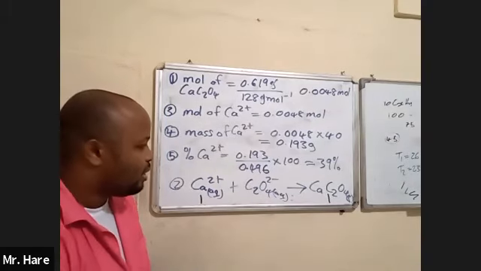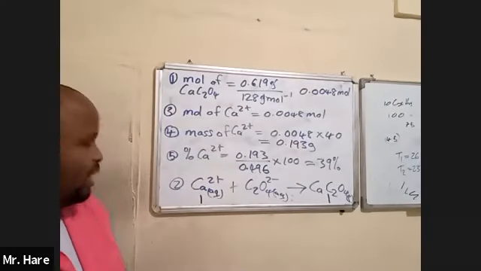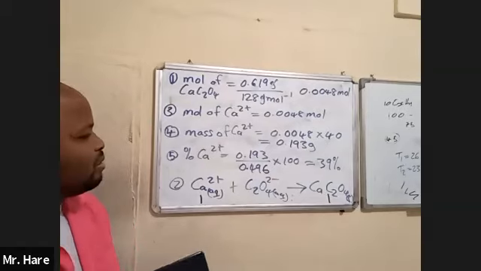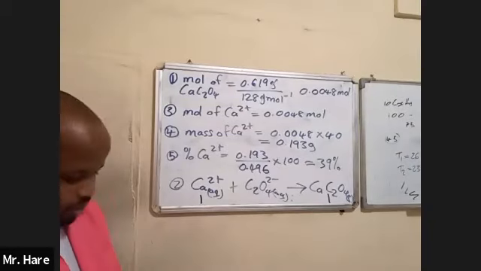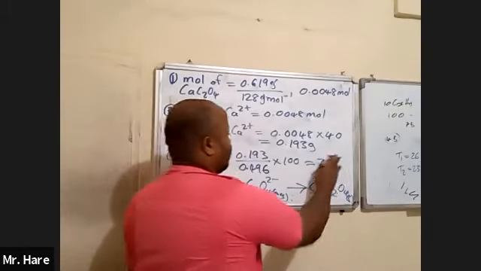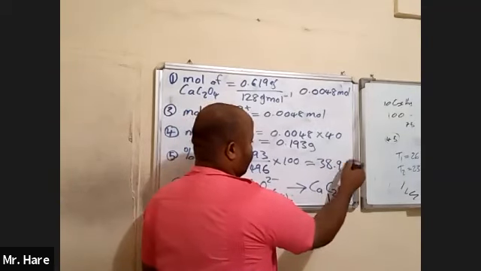Whichever you put is fine. So 39 or 38.912, yes, 38.91, or 38.9%.